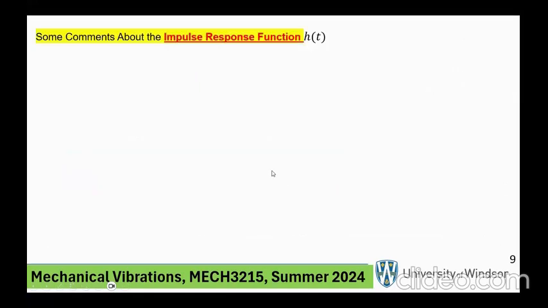Now I want to make some remarks about this impulse response function, h of t. First of all, remember this h of t came from the Dirac delta function. And the Dirac delta function is a function that's 0 everywhere except at the place where it's centered, which goes to infinity, obviously, and the area underneath it is 1. So it's a mathematical tool, basically.